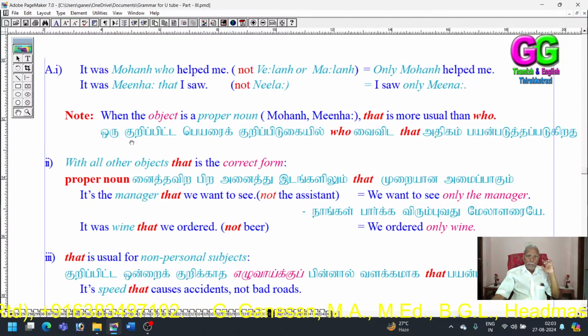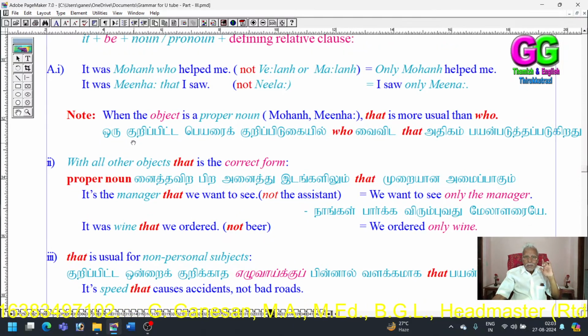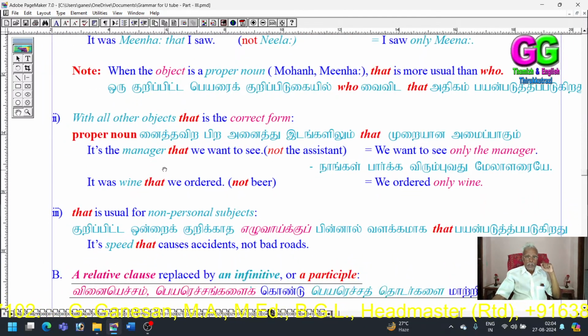Secondly, when the object is not a proper noun, we should use only that. We should use the pronoun that only, not who. With all other objects, that is the correct form. Example, it is the manager that we want to see, not the assistant.